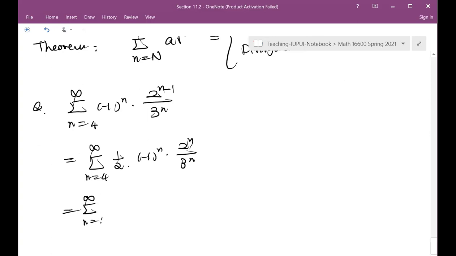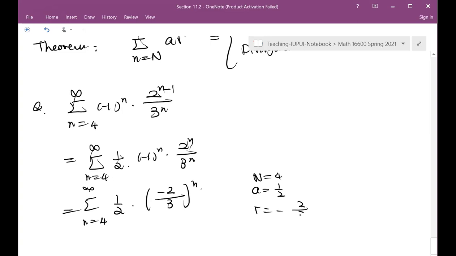Here's 1/2, and this is going to be negative 2 over 3 to the power n. So compare with above: capital N is 4, A is going to be 1/2, and R is going to be negative 2 over 3.